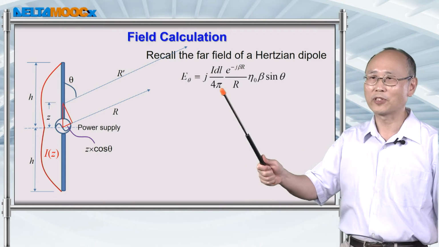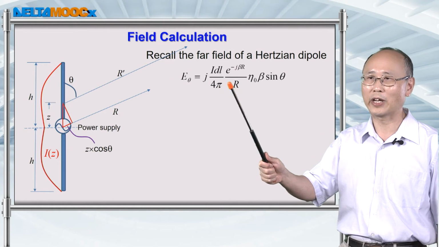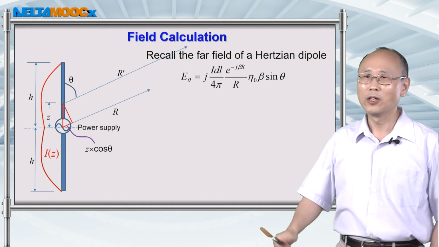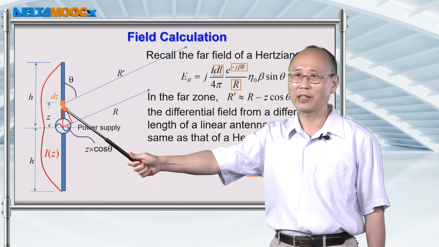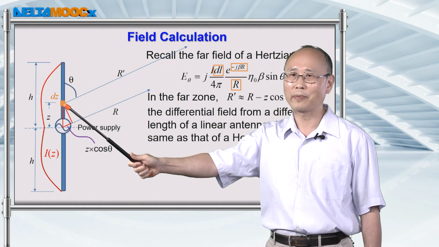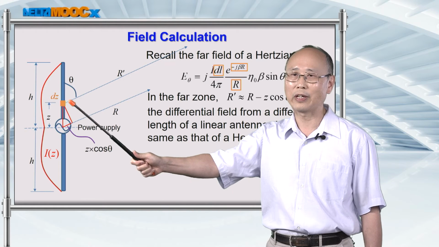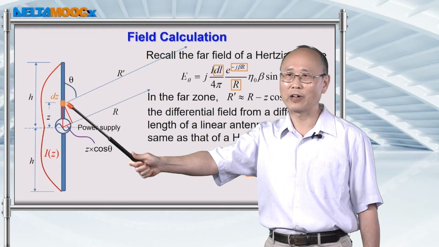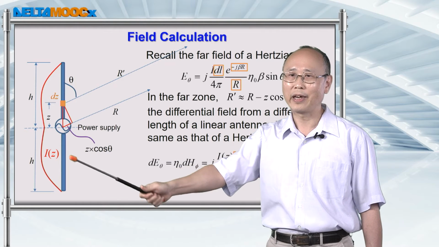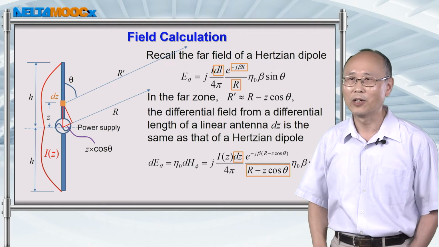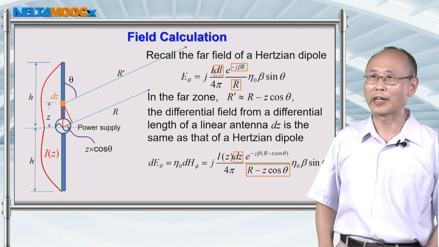Remember that we have this formula from a Hertzian dipole antenna, which has a length dl much less than the wavelength. So let's just cut this antenna into small sections and then try to describe the radiation field in the far zone as a radiation from a Hertzian dipole antenna, and then we try to sum over all the small Hertzian dipole antennas to form a linear dipole antenna.